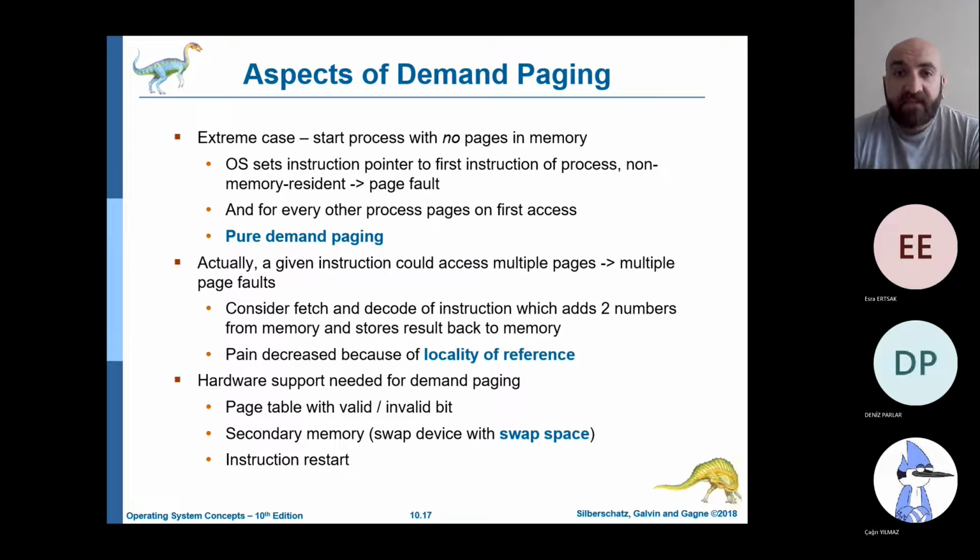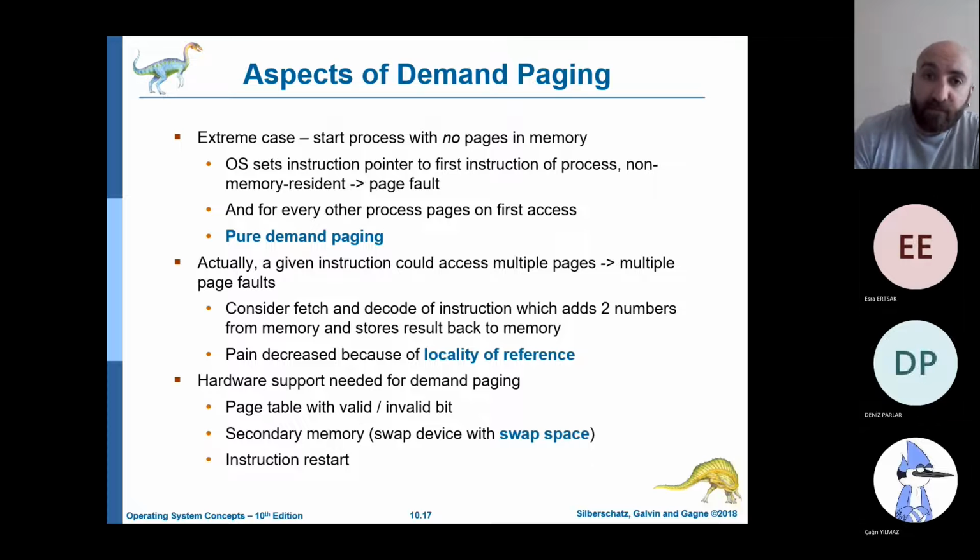In the extreme case, we can start executing a process with no page in memory. When the operating system sets the instruction pointer to the first instruction of the process, which is on a non-memory resident page, the process immediately faults for the page.